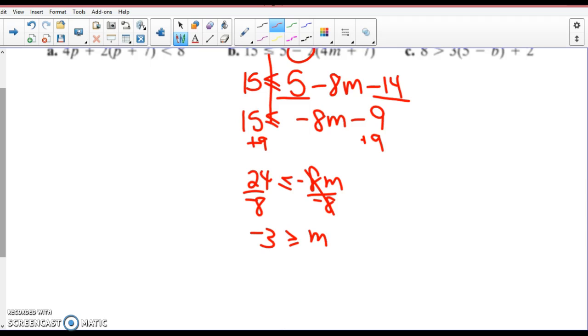No, I need to transpose it. So m and -3. Look, pointy side towards the m. So when I transpose it, the pointy side is towards the m. So my answer is m is less than or equal to -3. And when I draw my graph, what kind of circle do I have on -3? Solid. And I'm going to shade left.